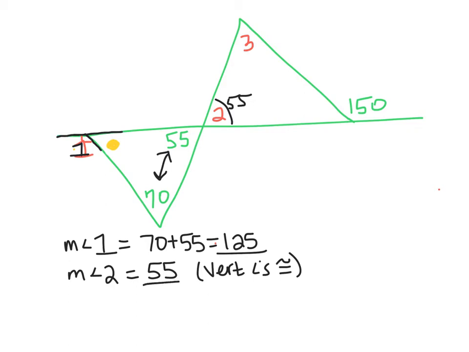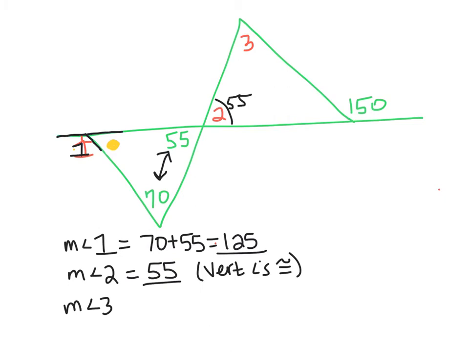All right, so now let's look at the measure of angle 3. So angle 3 is up here in this other triangle. And if I add it to angle 2, which is 55 degrees, they add up to 150.